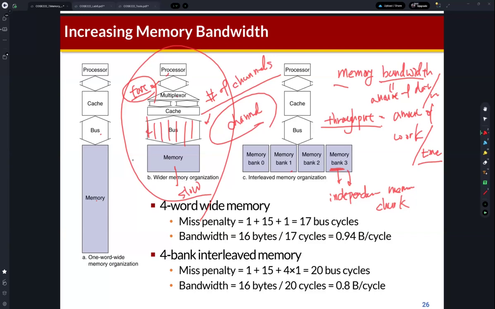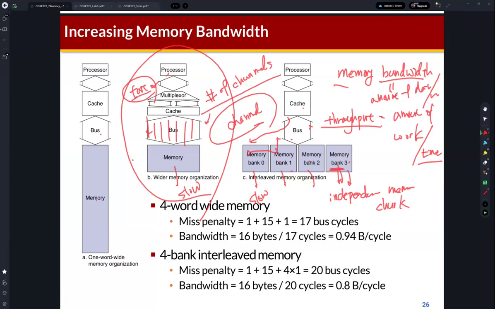We can provide a request to each bank, and then we can get data from the bank. But as you can see, the bus width is narrow. Then how can this work? Each bank is slow, right? It means if the request is given to a certain bank, after a long time, we can get the response from this bank.